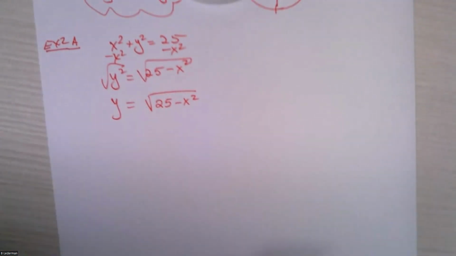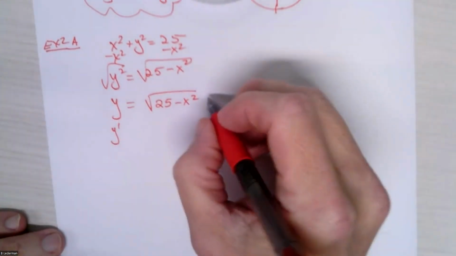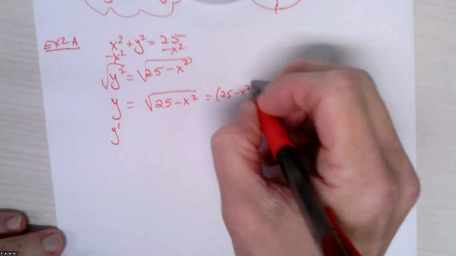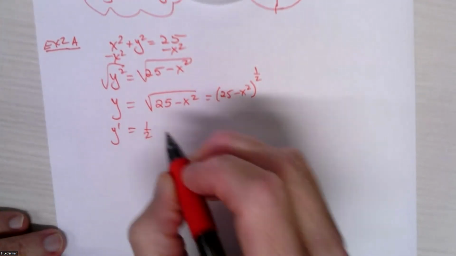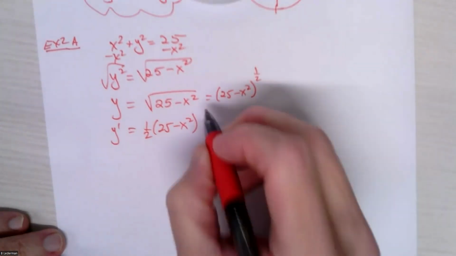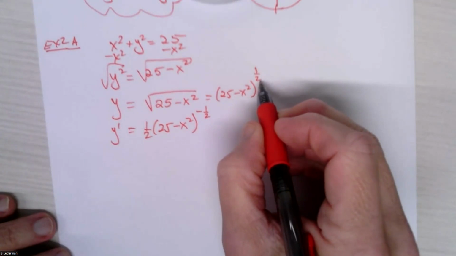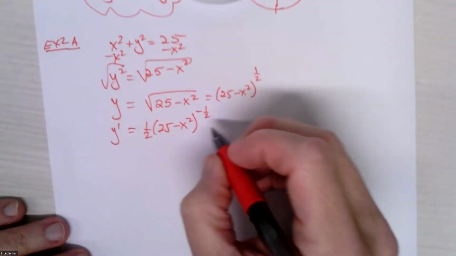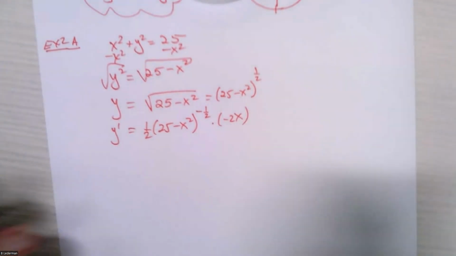Now, to take the derivative to get y prime, first I have to rewrite this as 25 minus x squared to the 1/2 power. So y prime is equal to 1/2 times 25 minus x squared to the negative 1/2 power, because 1/2 minus 1 equals negative 1/2, times the inner derivative, which is negative 2x.